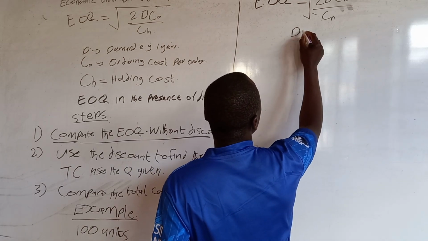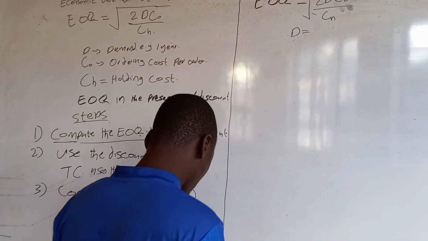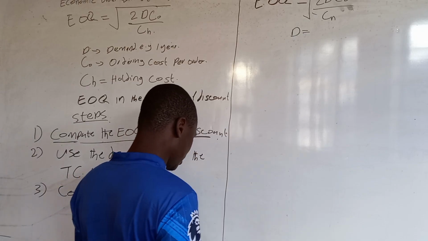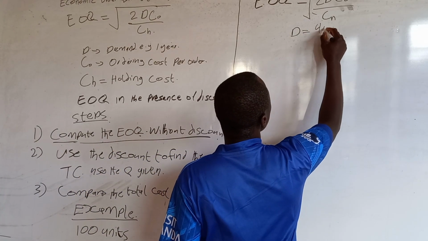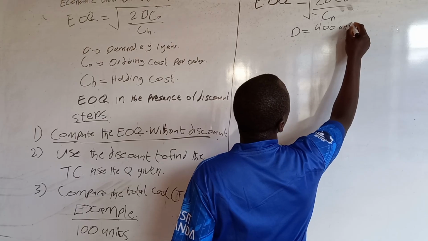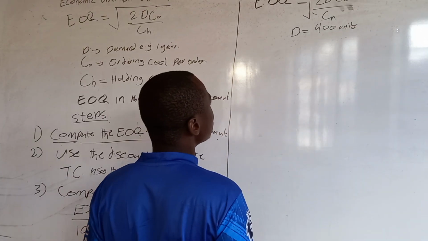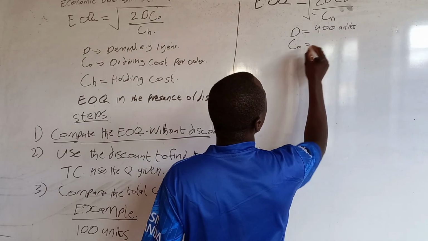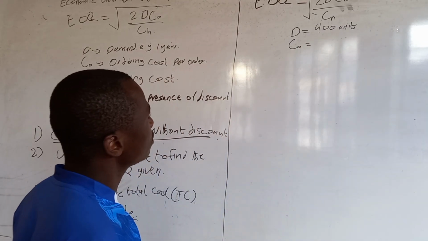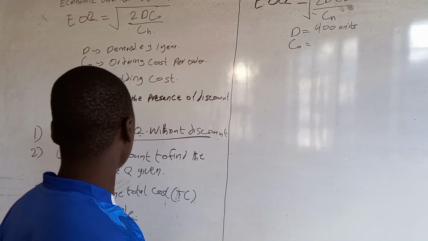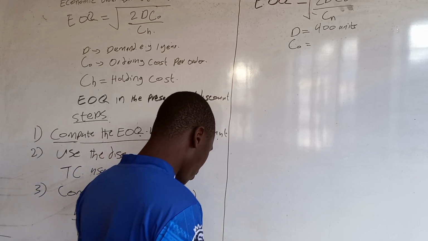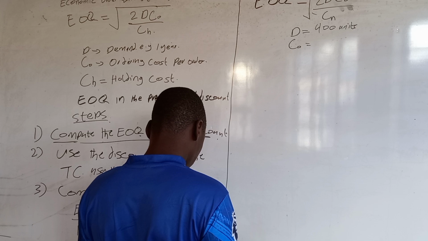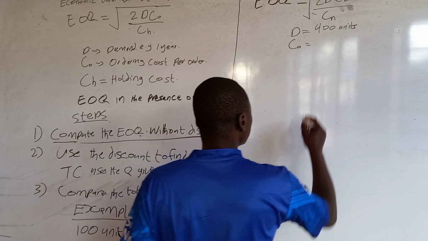D is the demand, okay? Our D therefore is 400 units. Our CO, that is the ordering cost, we have been told to be 2,000.